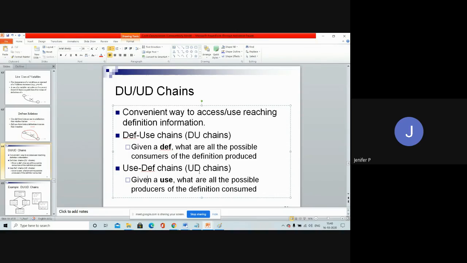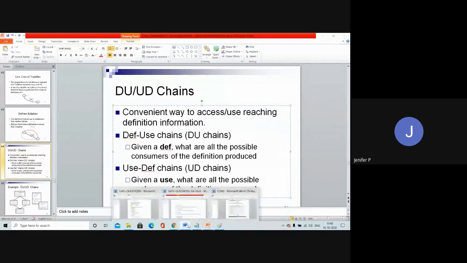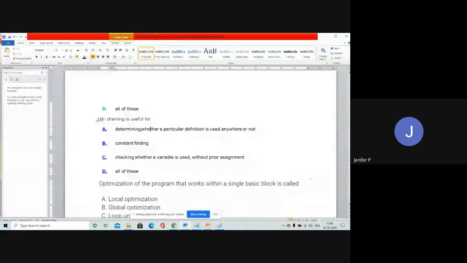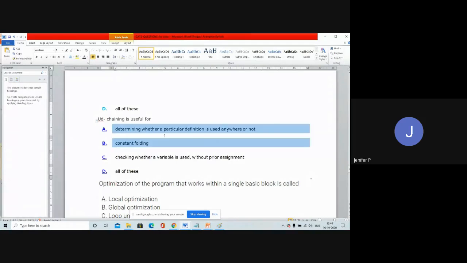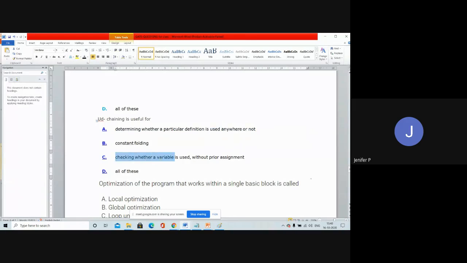Okay, so now shall we move to this question: UD chaining is useful for constant folding, or not necessarily? Constant folding does not come here. Then determining whether a particular definition is used anywhere or not, or checking whether a variable is used without prior assignment.